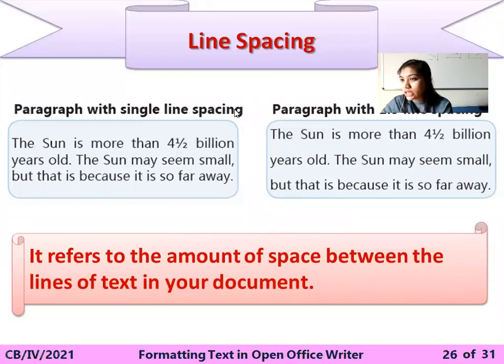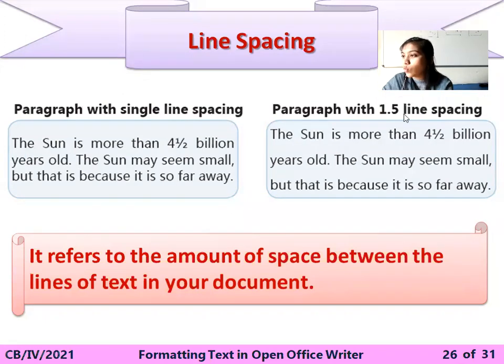Paragraph with a single line. These are the types of line spacing. First is the paragraph with single line spacing, which has a small space, and that is the default. Here you can see the space between two lines is this much. Second is the paragraph with 1.5 line spacing.